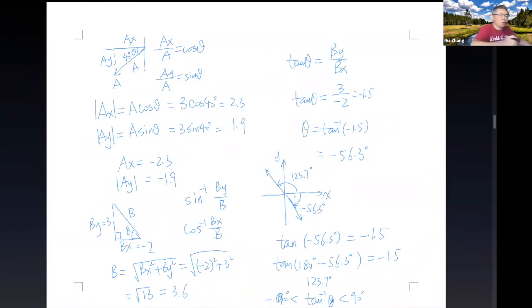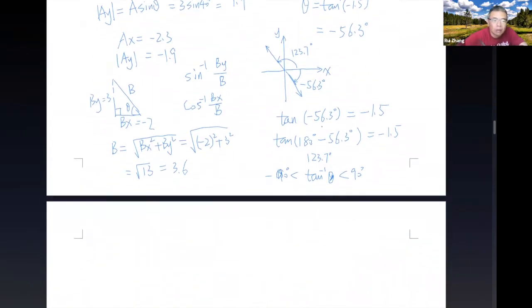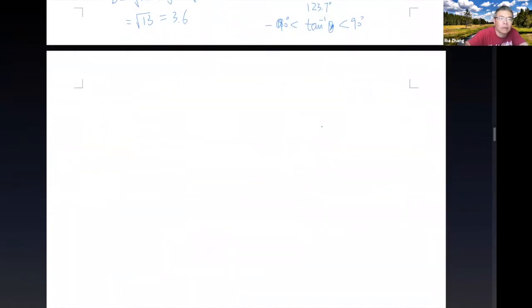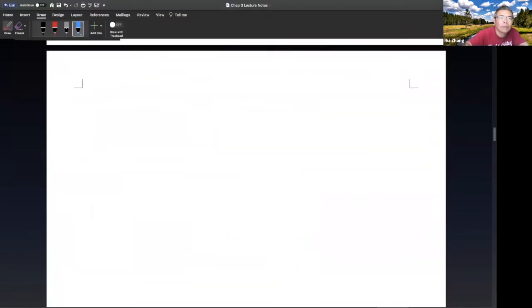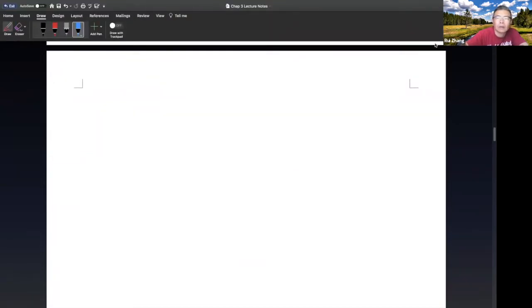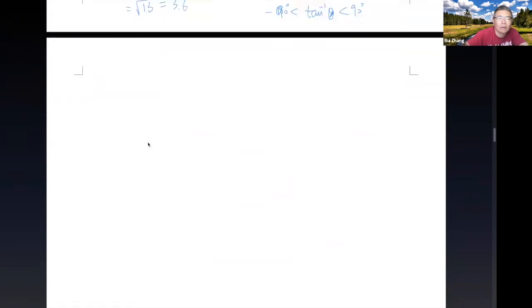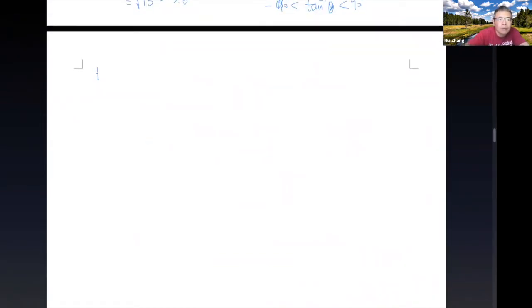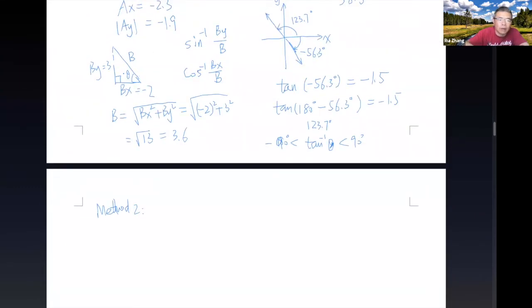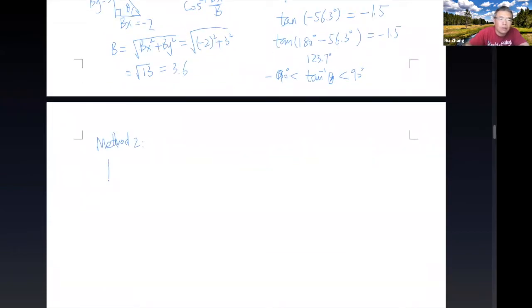Well, another way to get the angle is, let me put method 2 here. Well, very similar. So basically, again, you have this triangle here, but when you calculate the angle theta, just consider this as a triangle, so the lengths are all positive.